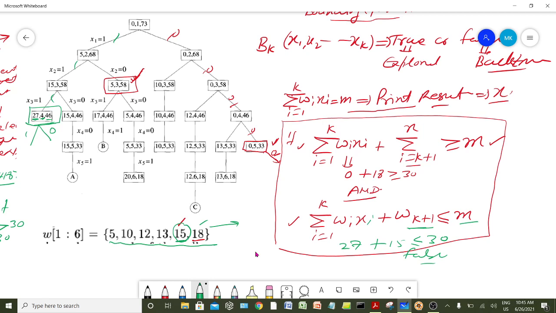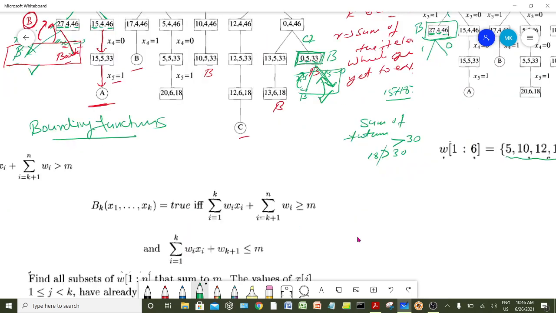Only then we need to explore it. If this condition is false, then we need to put a backtrack symbol on this. So this in whole constitutes the final bounding function.